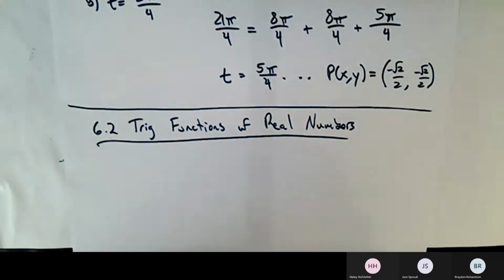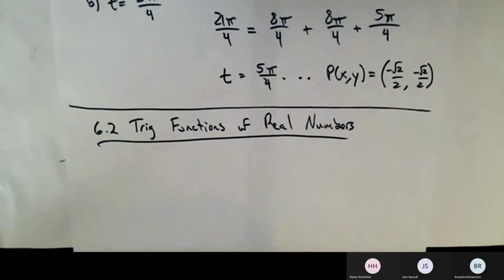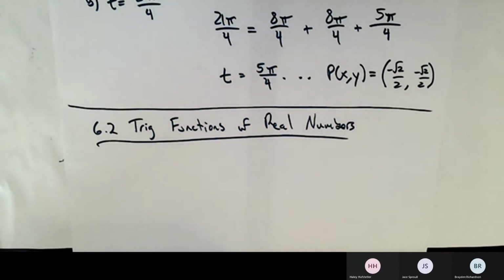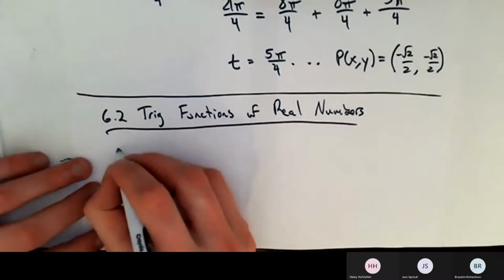Let me just glance through my notes real quick. I spent like the first half of this page just reiterating everything that I just went over, so I will not redo that.